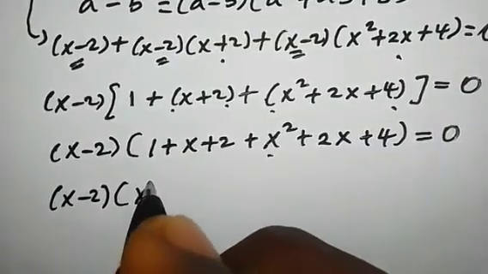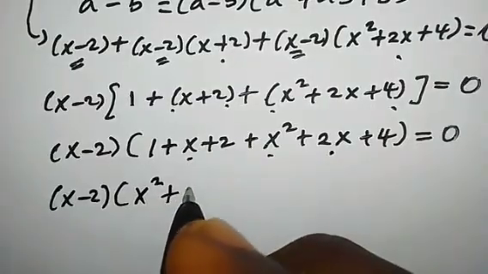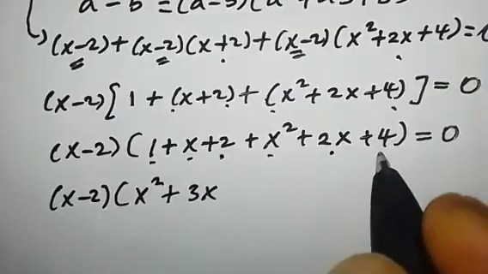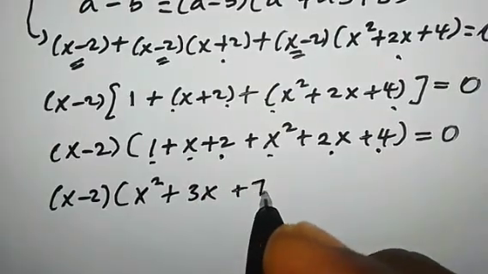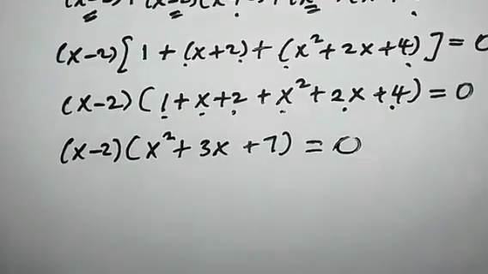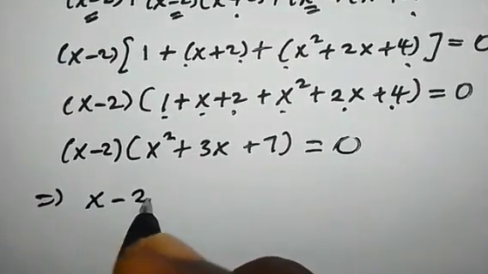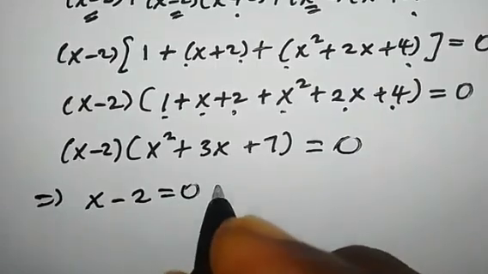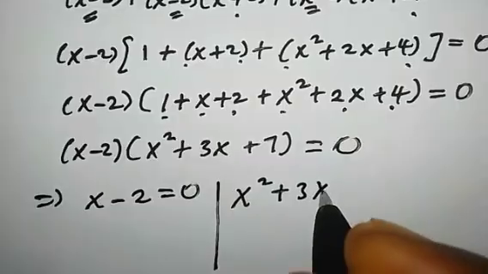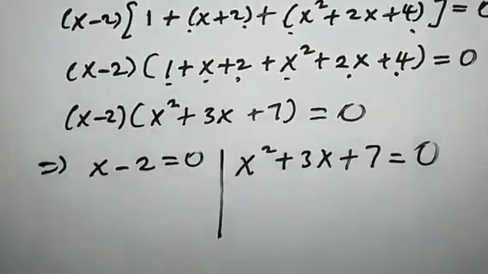We have x square plus x plus 2x, that is 3x. 1 plus 2 is 3, plus 4, we have 7, equal to 0. Let's proceed further. This implies that x minus 2 is equal to 0, or x square plus 3x plus 7 is equal to 0.